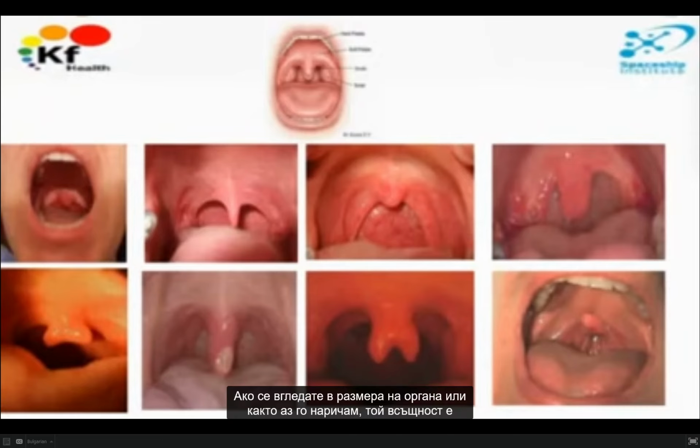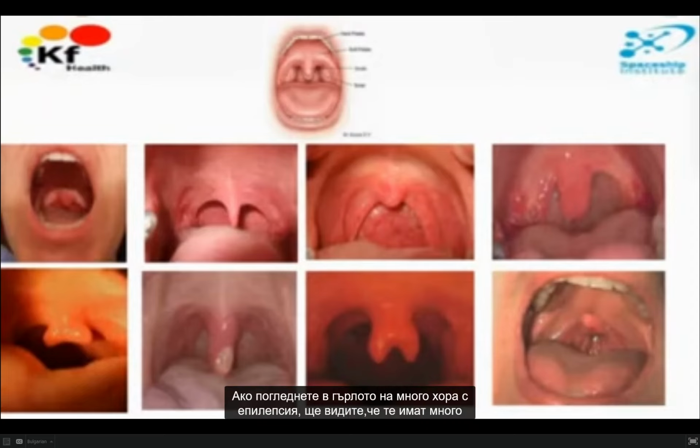If you look into the size of the organ, it is actually a twin star of the thalamus. It tells you how much you can trust a person.